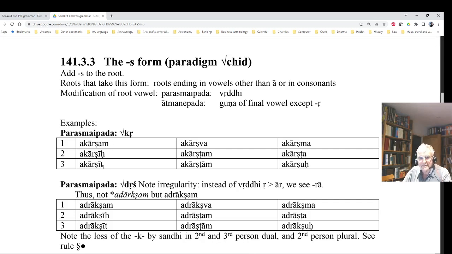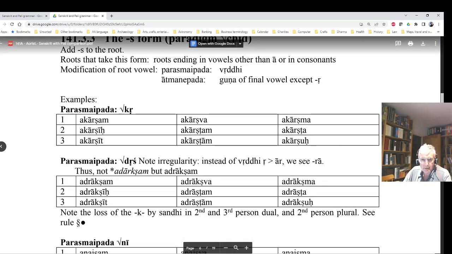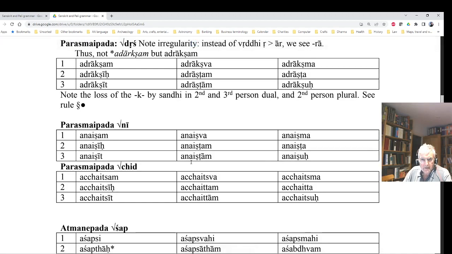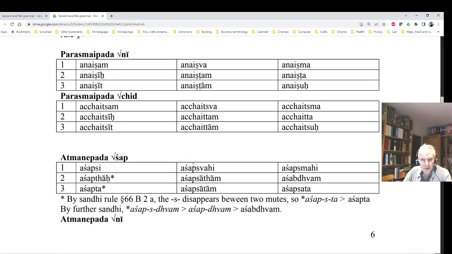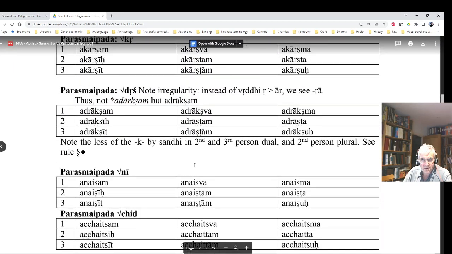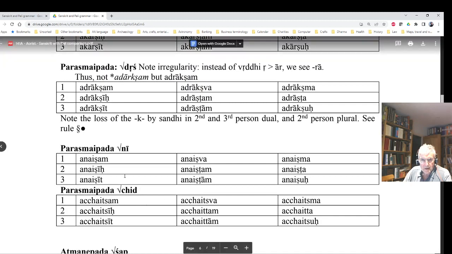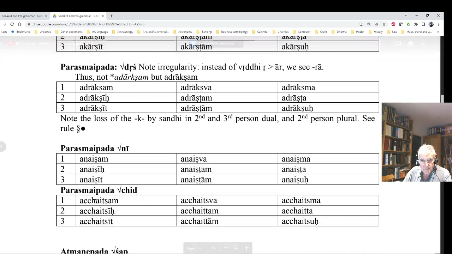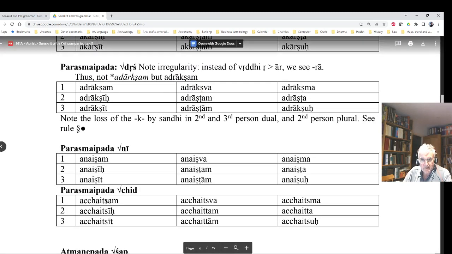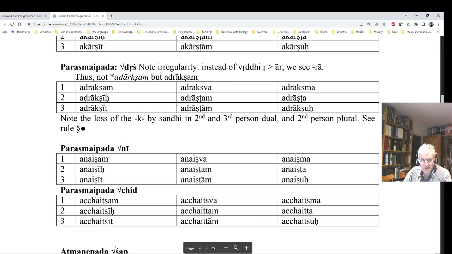The long eat of the Sanskrit becomes a short e in Pali here. And for example, the root chid, you vriddhi the root, to chaid, and add the sa, sam, si, sit. So achaitsam, achaitsi, achaitsit, meaning to split or cut.